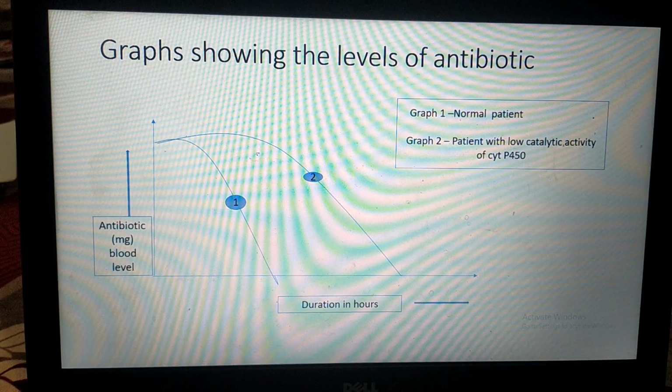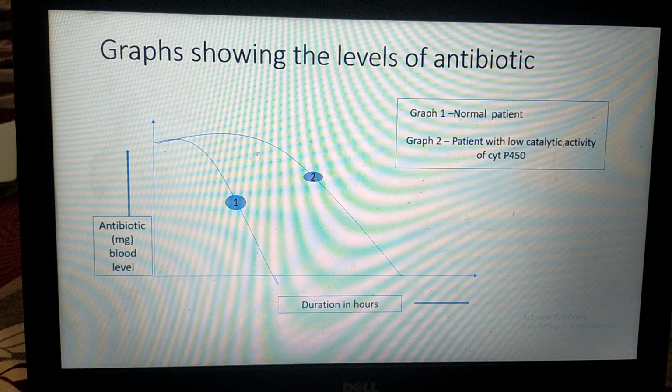If you compare these two graphs, we can find that in graph 1 the antibiotic level decreases faster than in graph 2, or you can say in graph 2 the antibiotic level in the blood remains for a long period of time. In such a person we have to reduce the doses or frequency of doses to avoid the side effects of the drug. That point also you have to remember.